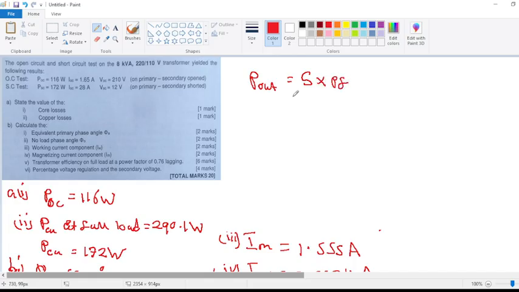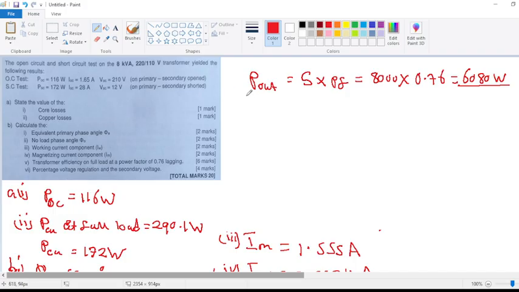The transformer rating is 8 kVA, which is 8,000. Then I multiply everything by the power factor, 0.76, it's lagging. So 8,000 multiplied by 0.76, we're going to have 6,080 watts. So this is the power output of the transformer.